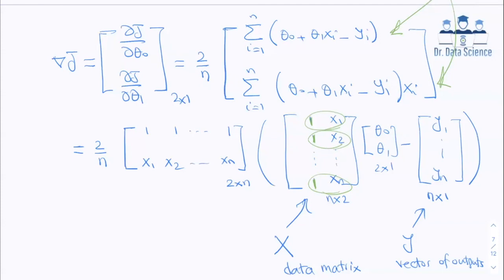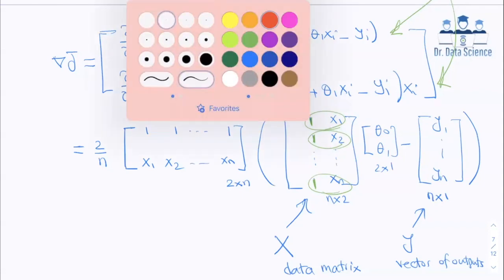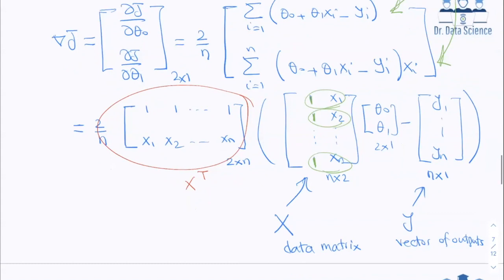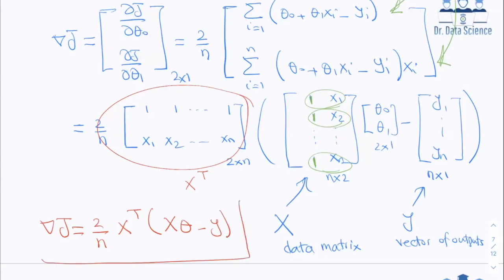And now we have this vector of outputs. And this matrix here is X transpose. So what this means is that the gradient of the cost function is 2 over n, X transpose, X theta minus y. So that's the compact form that I just told you.